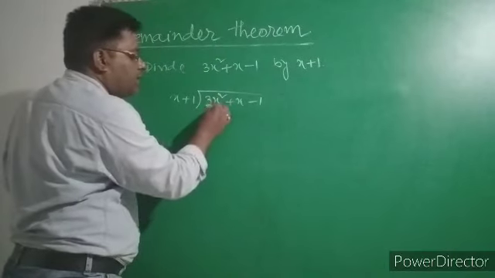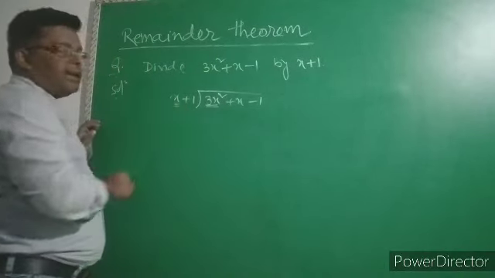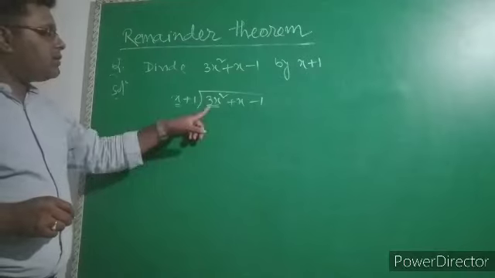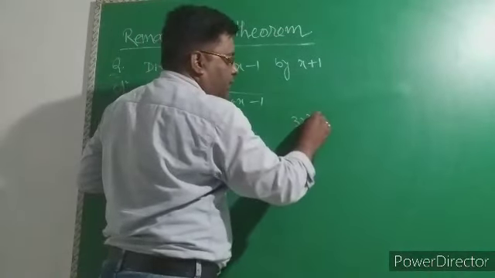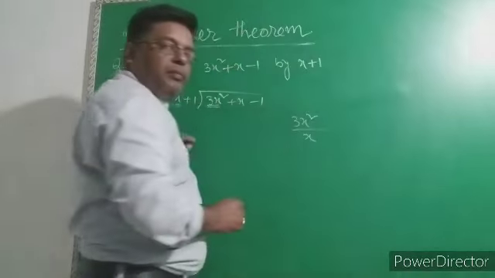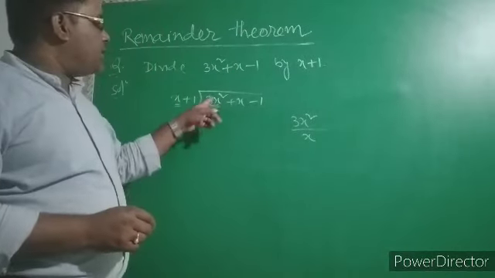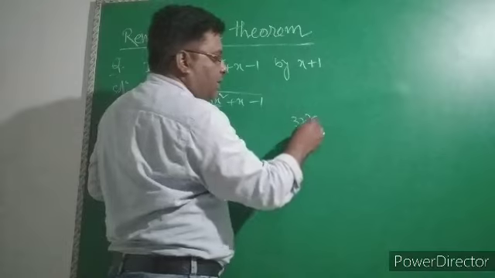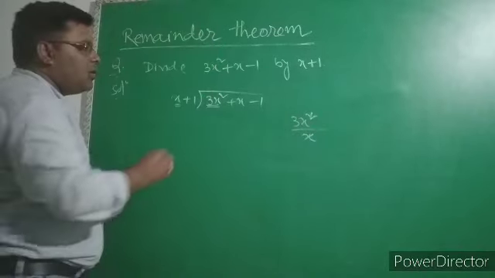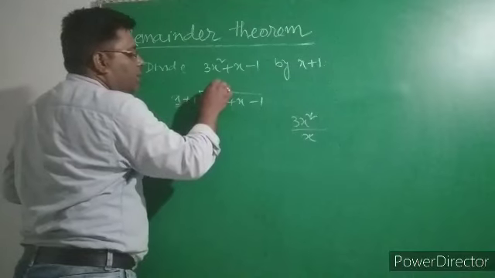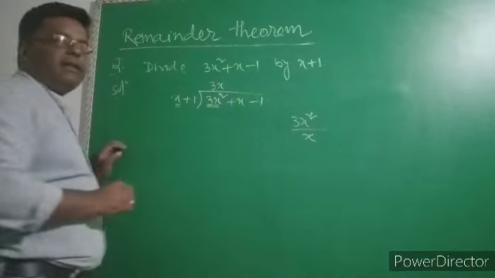First we have to divide 3x square by this x. When 3x square is divided by x, one x is cancelled, and we get 3x as the quotient. So here we will write 3x.